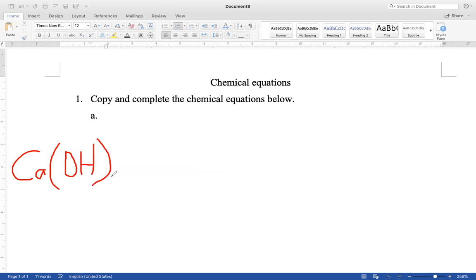Calcium hydroxide is reacting with carbon dioxide.